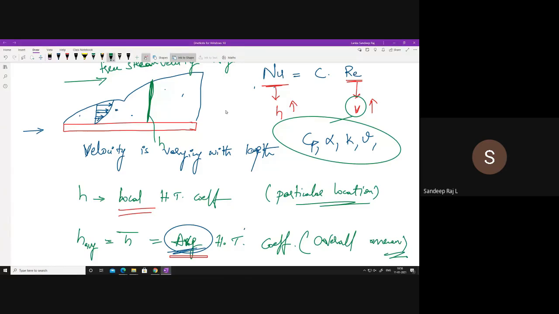This non-dimensional concept has been brought in, and it has addressed this issue partially, not completely. These correlations help you find the H value, which is an approximate value, not an exact value. Nobody knows the exact value of H because it depends on so many parameters. So finding the H value is always a complex thing.